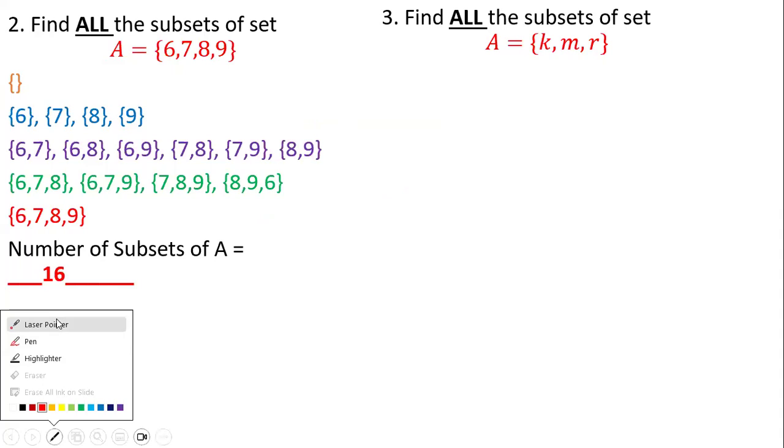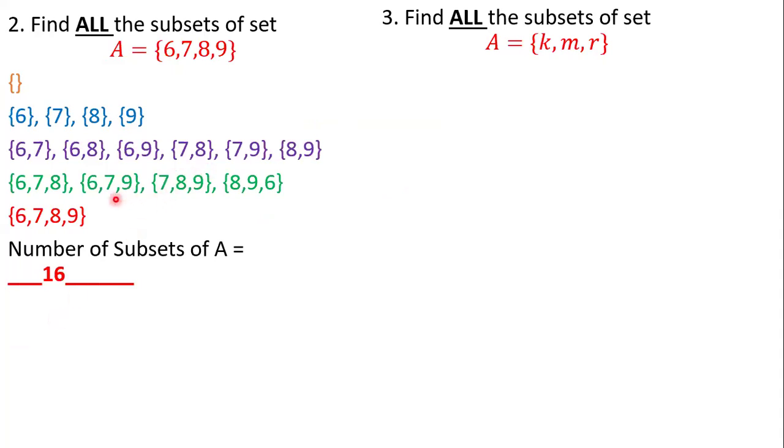Like how it's 6, 7, 8, 9. Which one are you talking about? The green ones. 8, 9, 6. So there was no other number behind that. So only the first number could be added in the back. Yes, only the first number, because if you try 8, 9, 7, we already have that. So any other thing you try, we already would have it. That's why. All right, thank you.